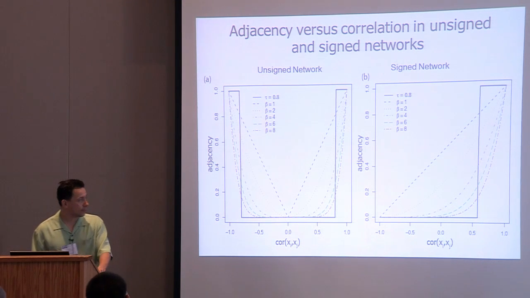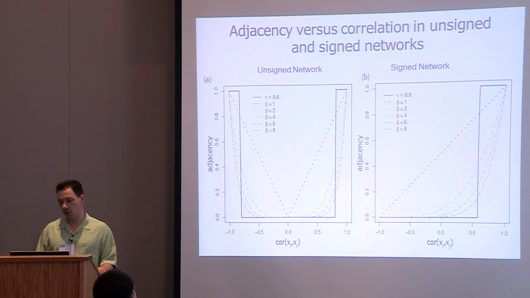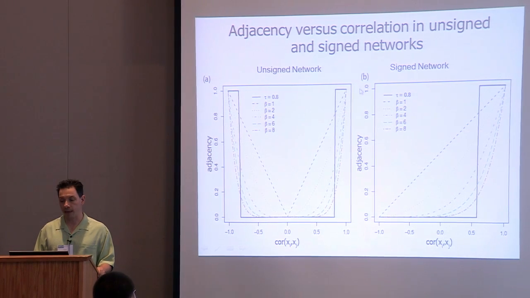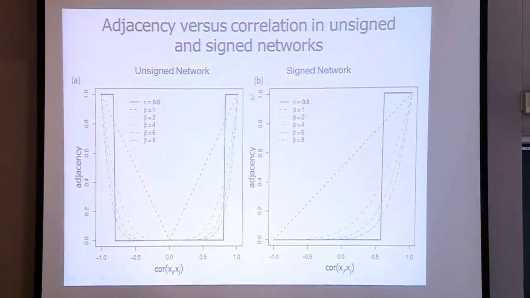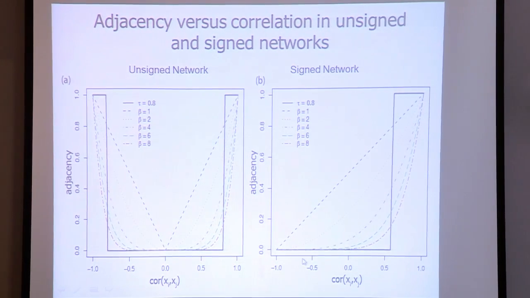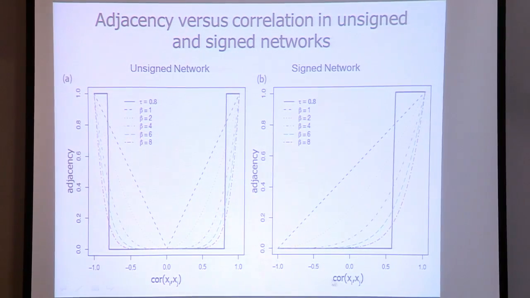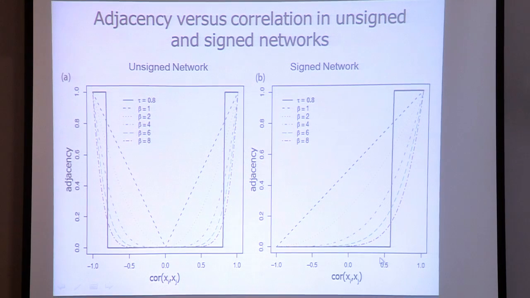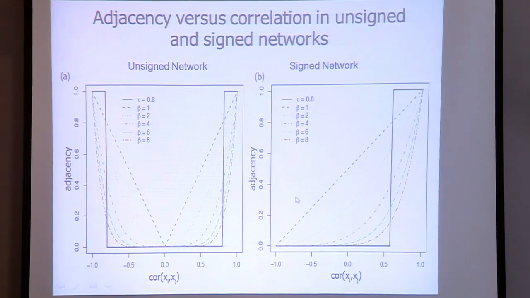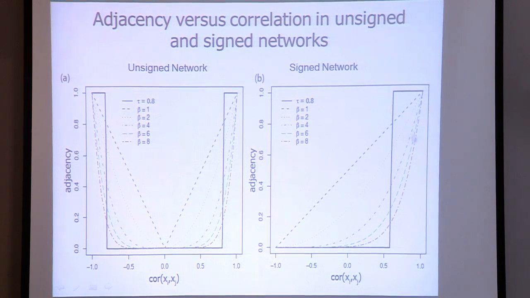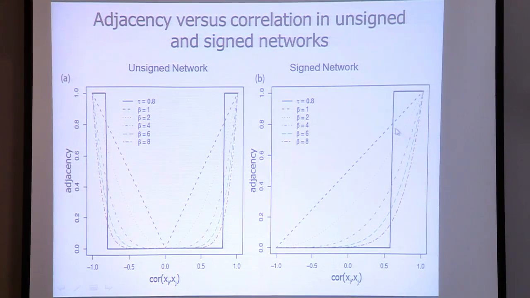Let me proceed, and here I show you scatter plots where the y-axis is the adjacency, meaning the connection strength between a pair of genes, and the x-axis shows you the underlying correlation coefficient, which of course is a number between -1 and 1. And these different curves correspond to different choices of the power beta that I mentioned.